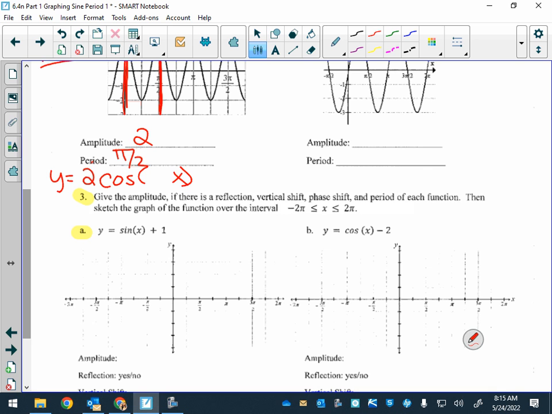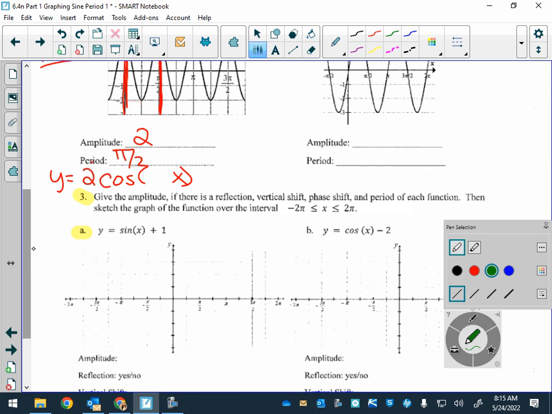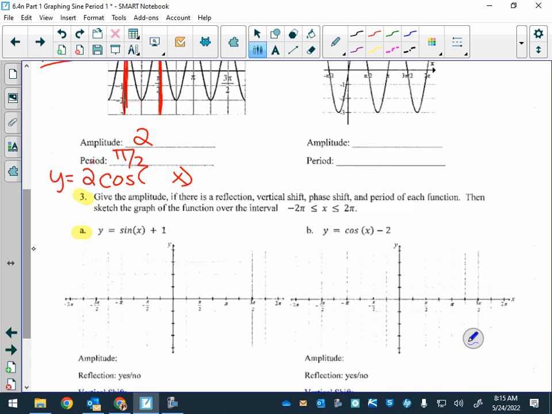Our period is pi over 2, our amplitude is 2, our midline is 0. So, we need to find that b value.